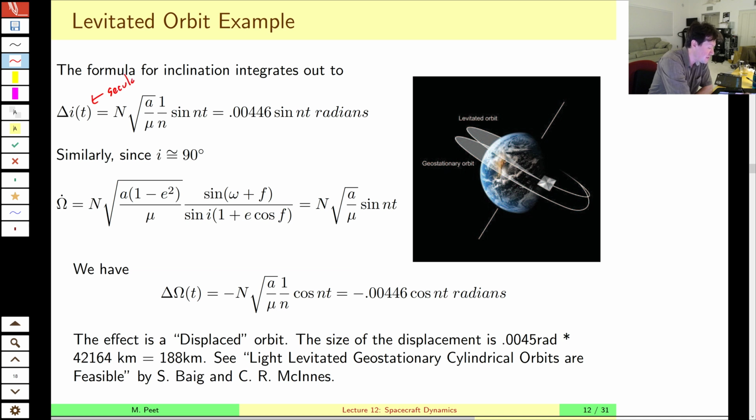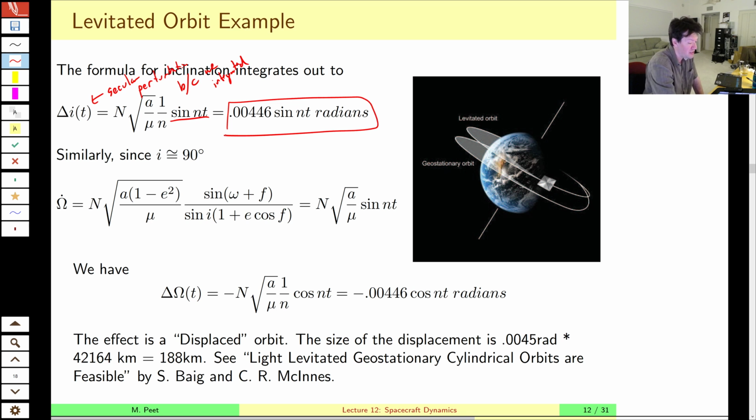We'll talk more about secular perturbation in a second, that's because we integrated. So the net change in inclination over time: if we integrate cosine, we get sine. The original inclination was 90 degrees, and this is our change, so our actual inclination over time is 90 degrees plus this term right here.